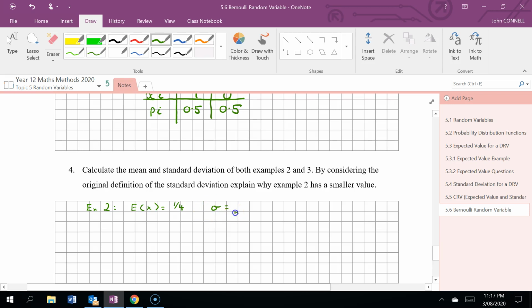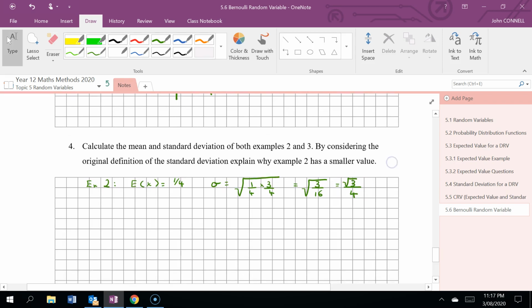The standard deviation is the square root of a quarter times 3/4, so it's the square root of 3 on 16, so that's the square root of 3 over 4. For example 3, the expected value of x was a half, and then the standard deviation will be the square root of a half times a half, so it will be a half.